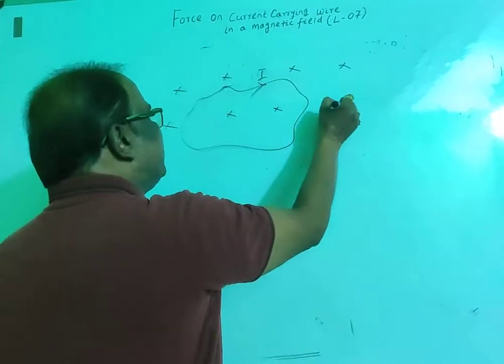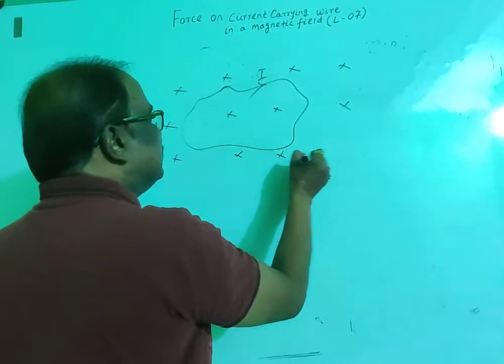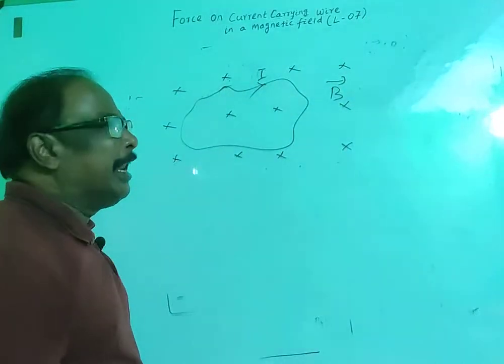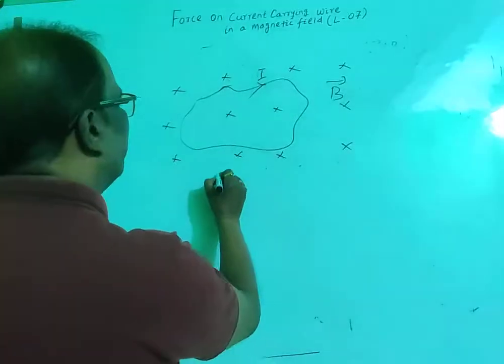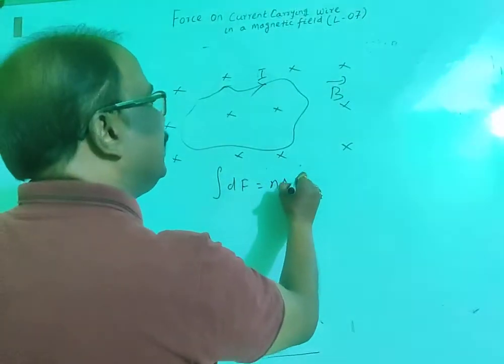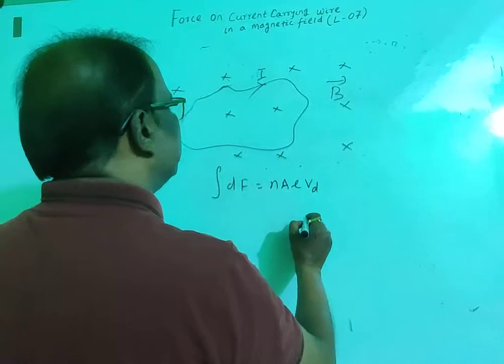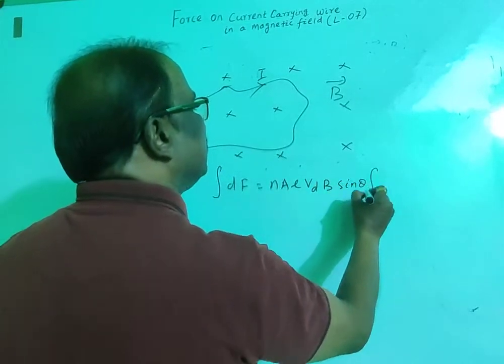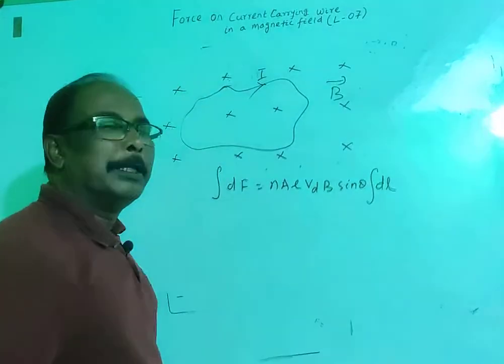Let's take a cross field, the magnetic field is B. Then as we know, integration of dF is equal to N I B sin theta into integration of dL. Then what is dL?